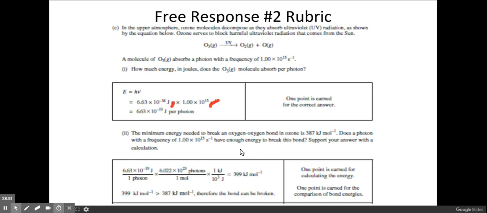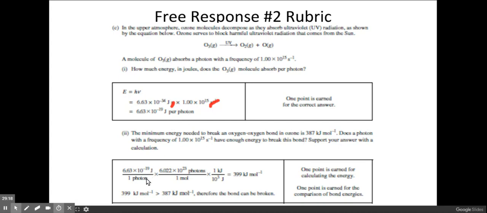The second question says the minimum energy needed to break an oxygen-oxygen bond in ozone is 387 kilojoules per mole. Does a photon with this frequency have enough energy to break this bond? Well, the energy we've calculated for that photon with that frequency is 6.63 times 10 to the minus 19 joules per individual photon.